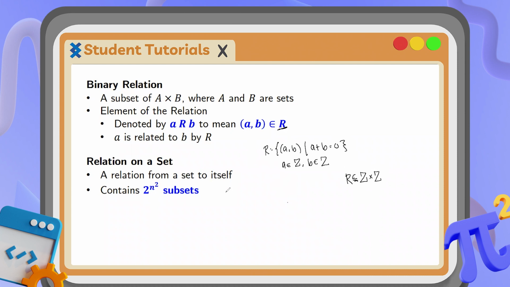If we have a set A with cardinality n, therefore the Cartesian product of that set with itself would have n squared elements. You can verify this to see for yourself. And then, since we're looking for subsets, what operation would we have to use?